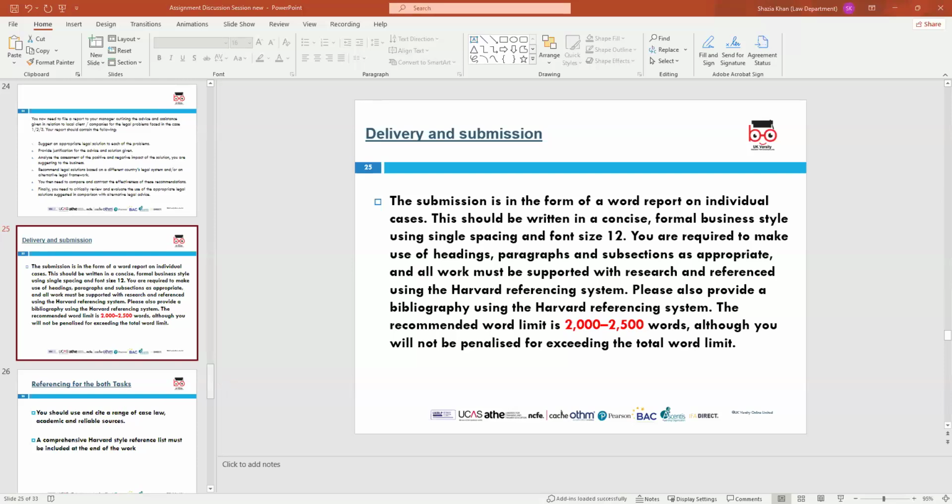I'm going to recheck that for you, because for business law, the word count for assignment 2 is, just 1 minute. I'll recheck everything for you so you've got a little bit of an idea.